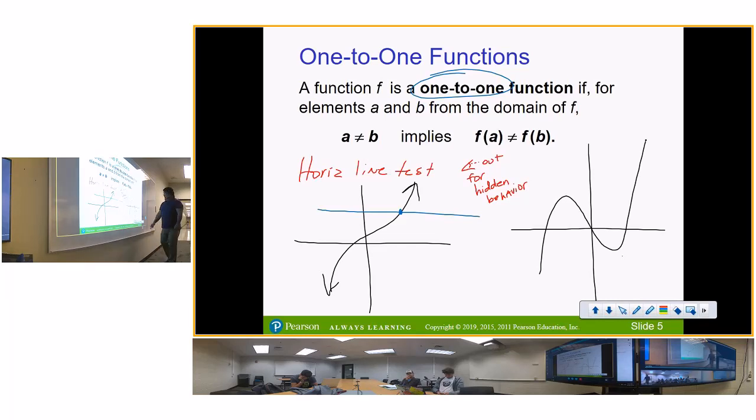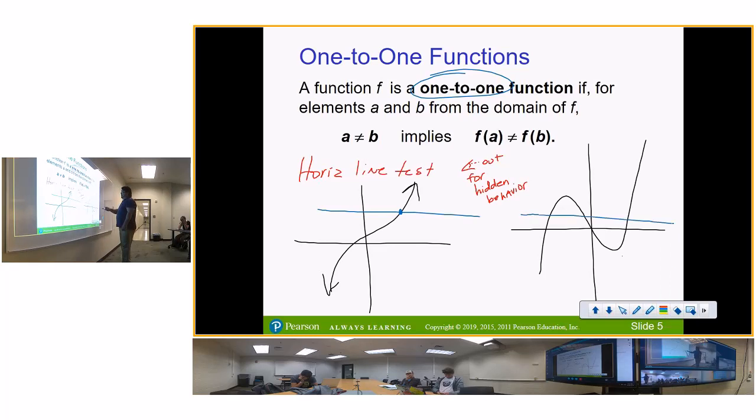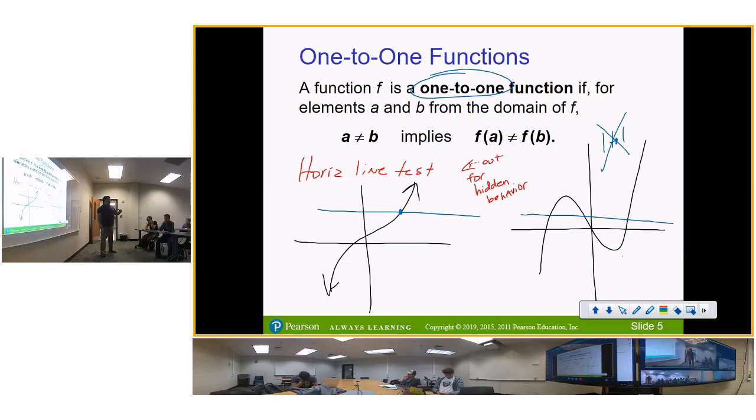What happens here? Horizontal line test tells you what? It is not a one-to-one. So you got to be careful, and you got to know how to use your calculator to find the hidden behavior. The hidden behavior usually is going to be in the saddle, remember? I don't remember if I told you or the 109 this. Have I told y'all that? Yeah. The saddle, that's where the hidden behavior is going to be.